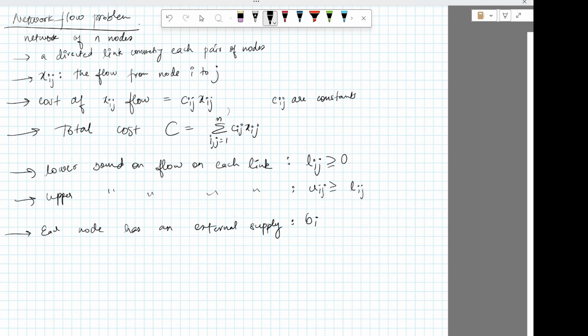Okay, bi is in R. So which means there is a node in our network, and there can be some external supply bi, which if it is positive means it is going into the node, but there is no as such connection from anywhere, it's just going into that node. And if it is negative that means it is going out of that node.